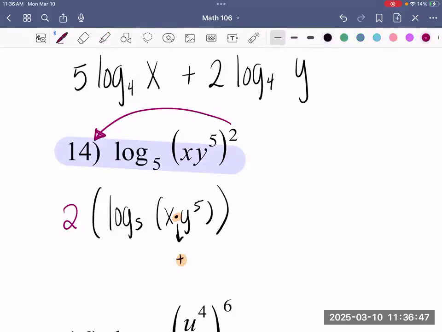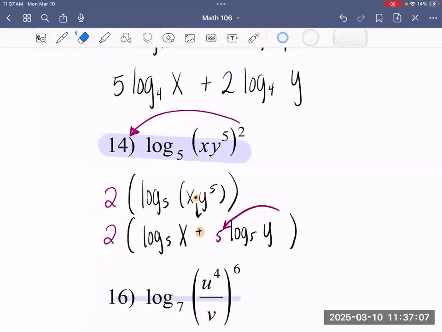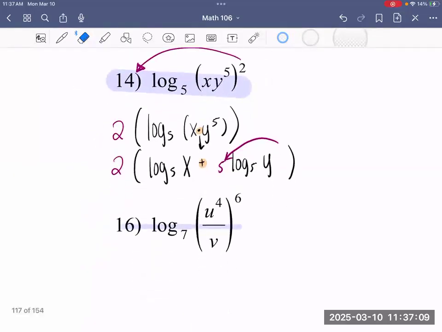That 2 stays out front. So we're going to write 2 log base 5s. And the more operations you have, the bigger it's going to become. So you have x, you have y to the 5th, and then of course bring that 5 out front. And there you go.